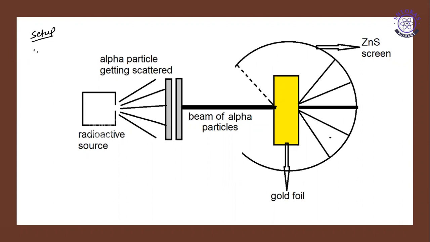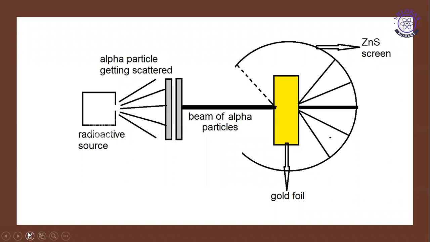Then the experiment, meaning during the experiment what you have observed, the observations. After that the conclusions, and finally the result. So here also first we are going to discuss the Rutherford experimental setup. So let me explain the experimental setup that was set up by Rutherford.